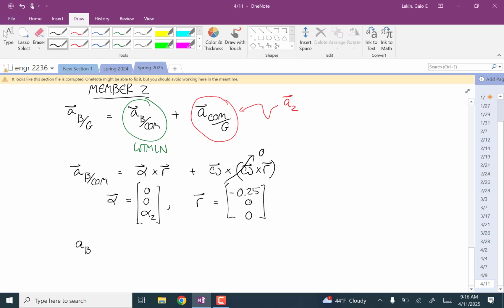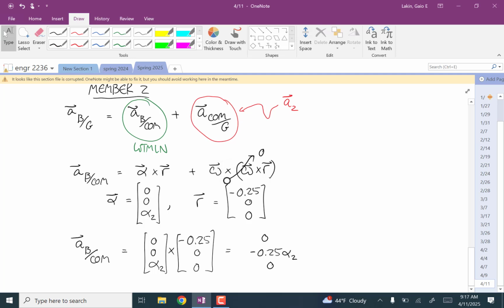So the acceleration of B relative to the center of mass is 0, 0, alpha 2 crossed with negative 0.25, 0, 0. And that's 0 for X, negative 0.25 alpha 2 for Y, 0 for Z.